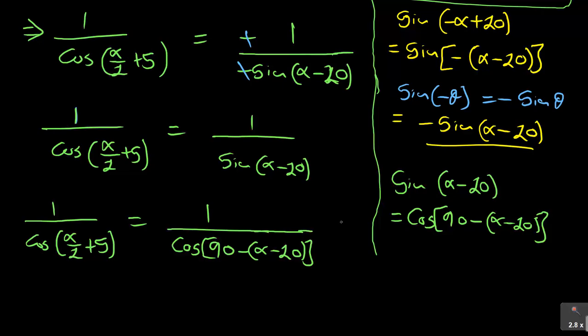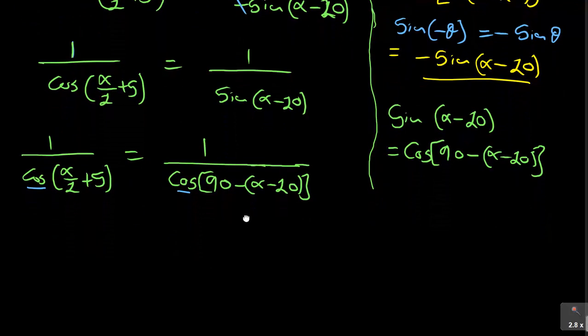I hope you're able to see that. So now I've managed to make cos. If I further simplify this, because this is a fraction, the top is equal to the top, the bottom is equal to the bottom, or you can just cross multiply.